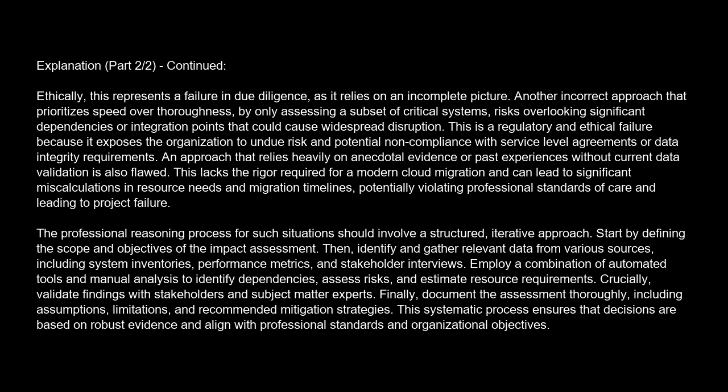Crucially, validate findings with stakeholders and subject matter experts. Finally, document the assessment thoroughly, including assumptions, limitations, and recommended mitigation strategies. This systematic process ensures that decisions are based on robust evidence and align with professional standards and organizational objectives.